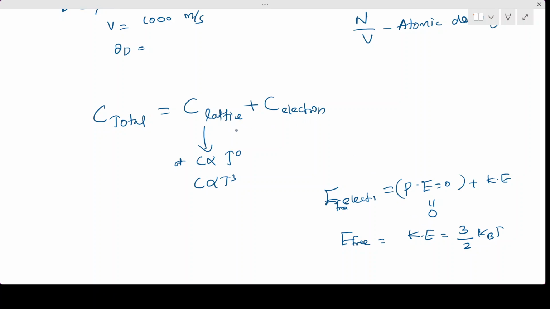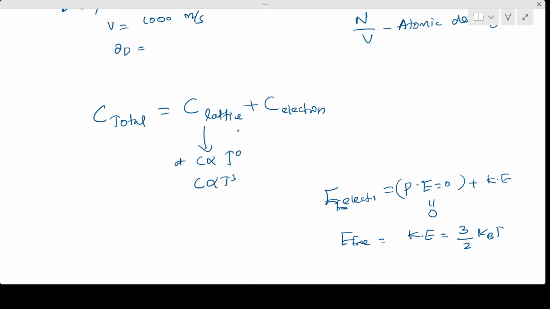So we just discussed only the theory of specific heat due to lattice vibration. There is one more aspect we need to discuss, that is the theory of specific heat due to electrons, or electronic specific heat. That part we will discuss in the next module, on free electron theory.